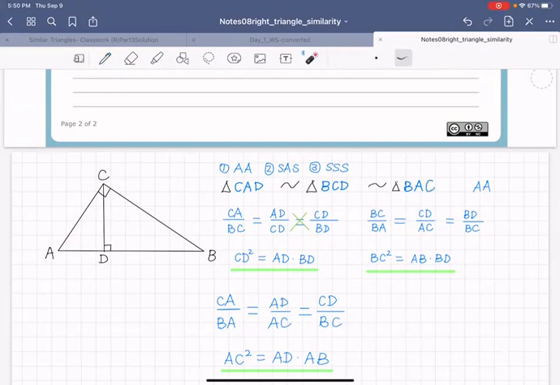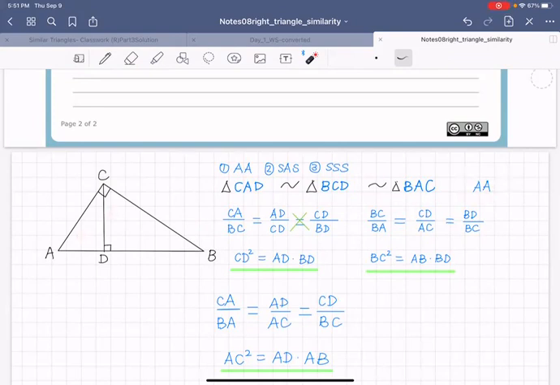Yes. So Valeria, when we write down these triangles similar to each other, which one did we use to get this conclusion? AA. Okay, by AA. Now, when we use AA, we find those two triangles similar.